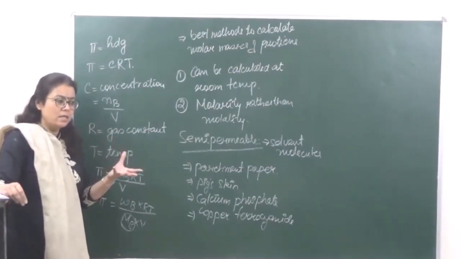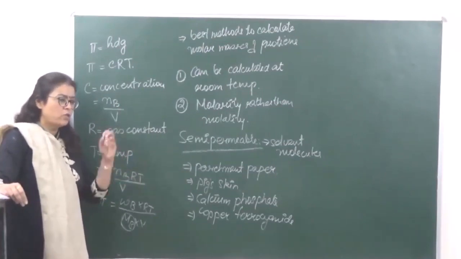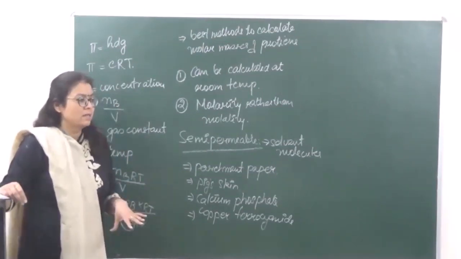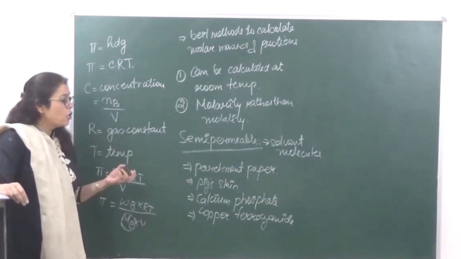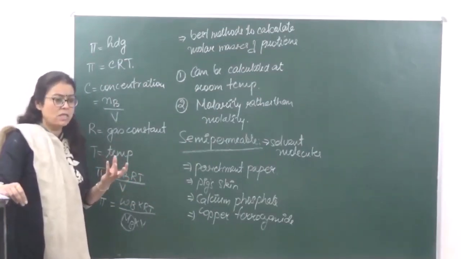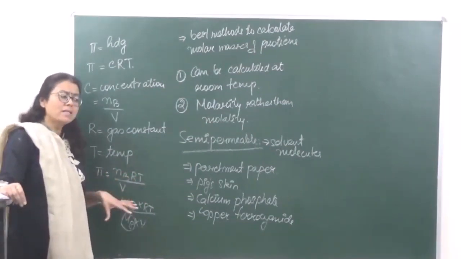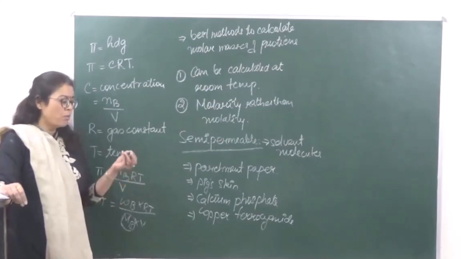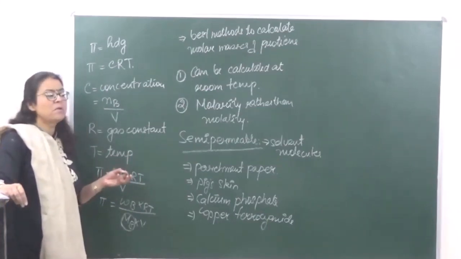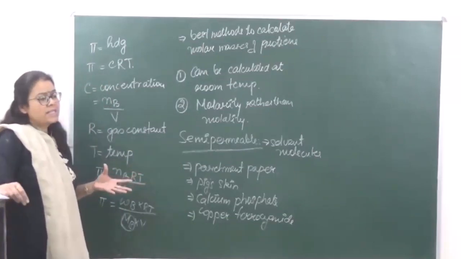A sieve is a strainer, like the one through which you strain tea. According to this, a semi-permeable membrane is a kind of sieve, and when we pass the solution, the solute particles are unable to move because the pore size of the semi-permeable membrane is very, very small. But this theory was not very satisfactory.